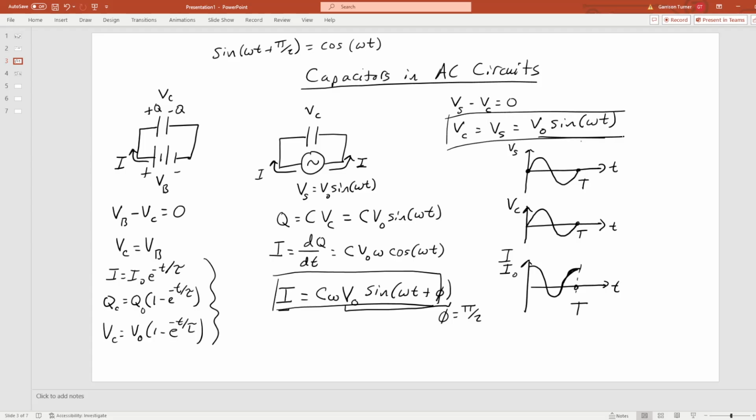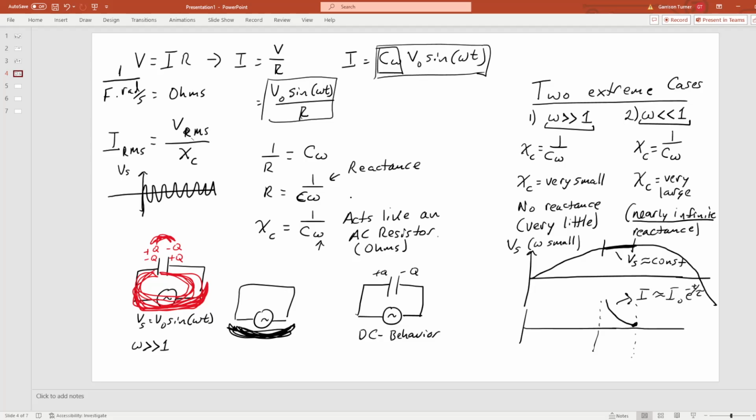Okay? So that's the first thing to note. The second thing to note is that your capacitor, coupled with whatever angular frequency is in the circuit, will act like a resistor. Okay? But we don't call it resistance, we call it reactance. And the two extreme cases where you can have really, really low omega or really, really high omega. In the really high omega case, the reactance is extremely small.